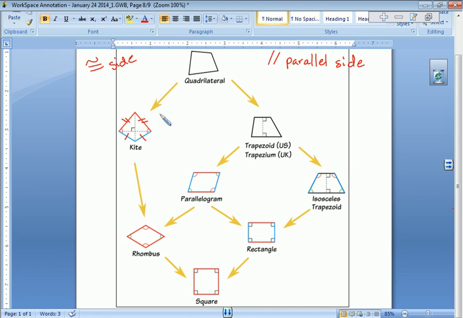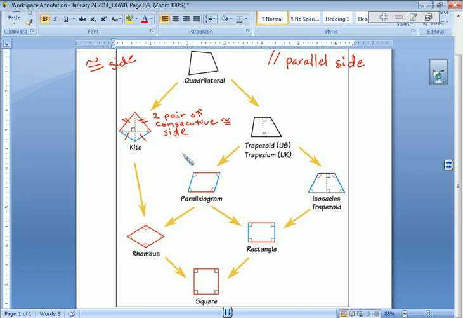So the blue, you can see on my overhead, the blue sides are congruent and the red sides are congruent. So if I were to give you a figure on the coordinate plane and it looked like a kite, how could we prove that it's a kite? We would have to prove it by showing two pairs of consecutive congruent sides.